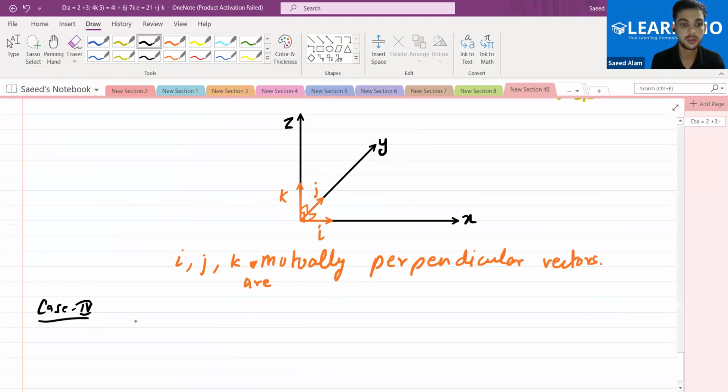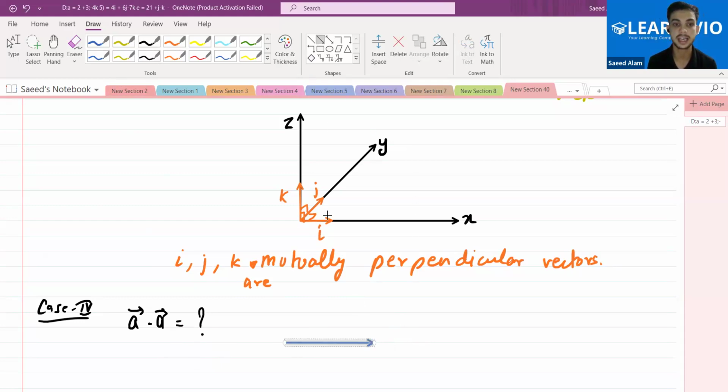If I'm doing the dot product of A with A, what will I get? A square cos theta. That will be A square, because cos theta will be 1.